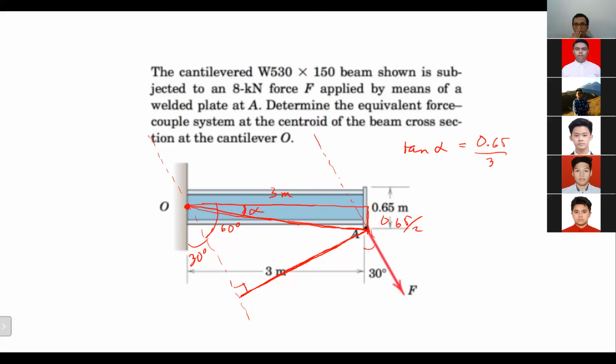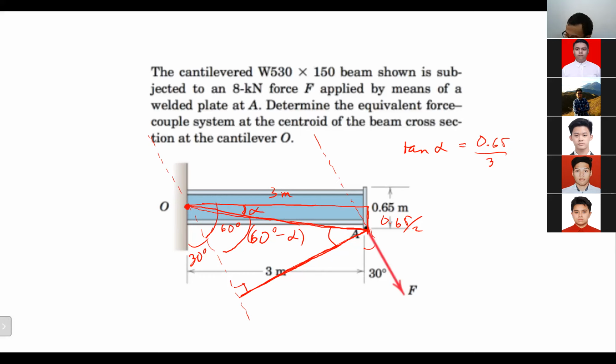Correct or not? And this angle is supposed to be 60 degrees minus alpha. If you find this angle, you will be able to find the other angle as well. Then the triangle will be complete, and all the things we can find.